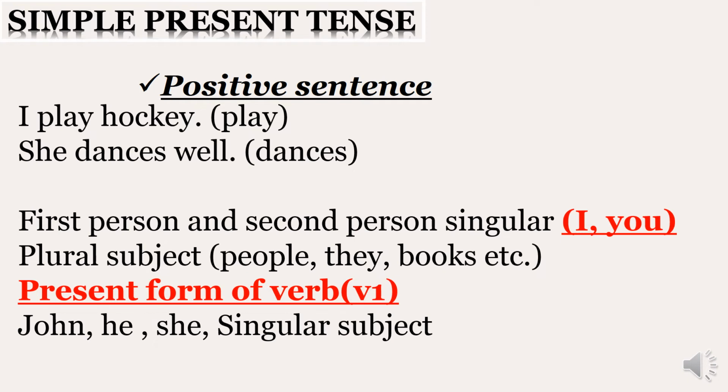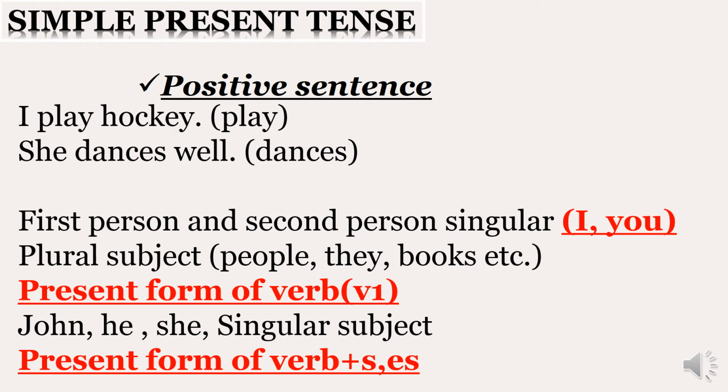If we have any other singular subject, that time we use the present form of the verb plus s or es. Where to put s or where to put es depends on the verbs. Some verbs take s, or some verbs take es. And with these singular subjects we use the present form of the verb plus s or es.